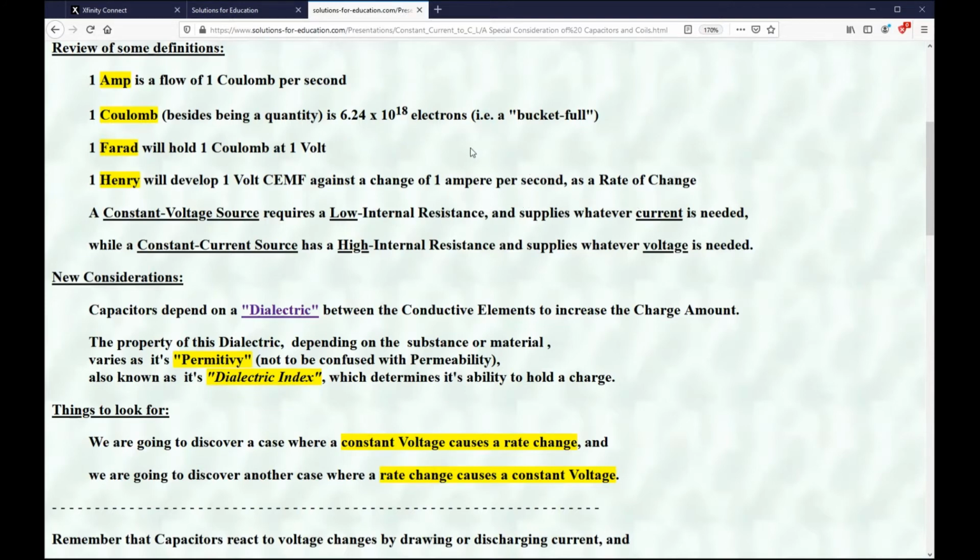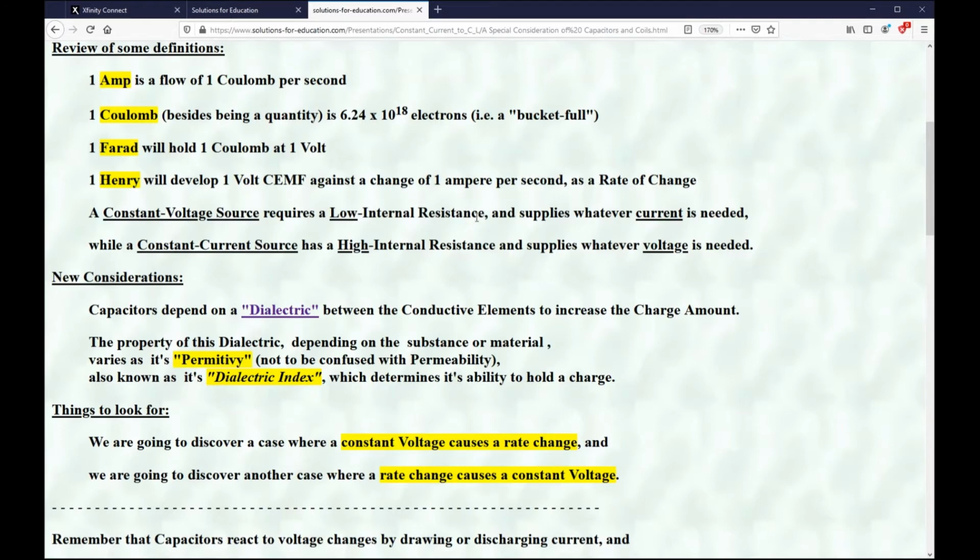There's something else I want to point out. First of all, a constant voltage source requires a low internal resistance. We don't normally think of that, but if you have a power supply that cranks out a really solid 12 volts and you expect it to supply 12 volts regardless of what current you're drawing in that circuit, you've got to have a very low internal resistance.